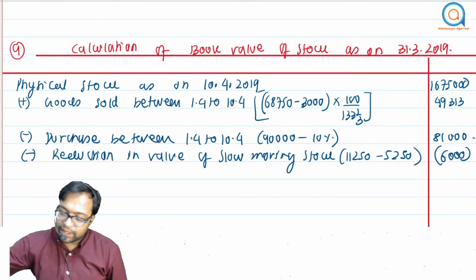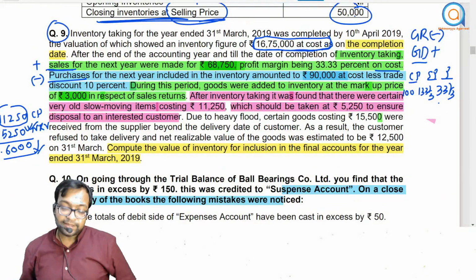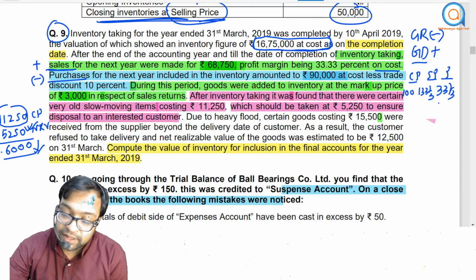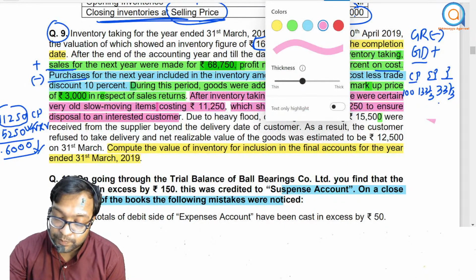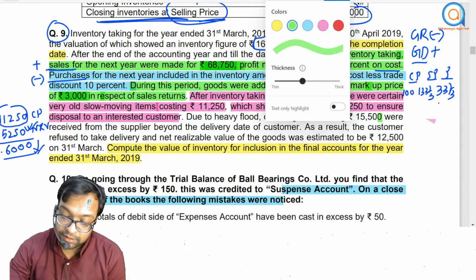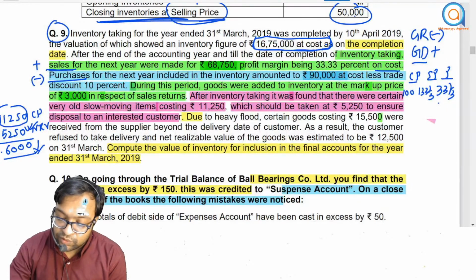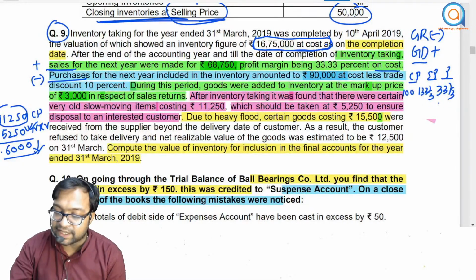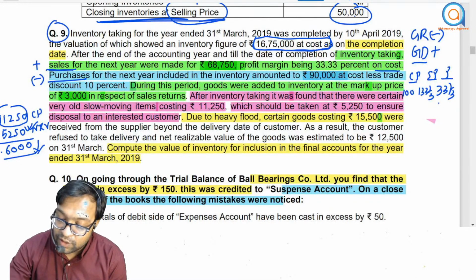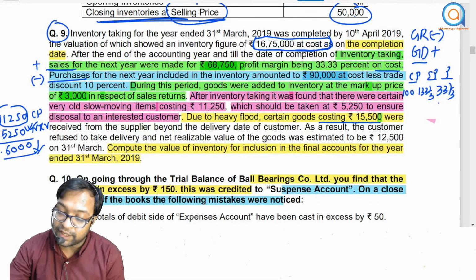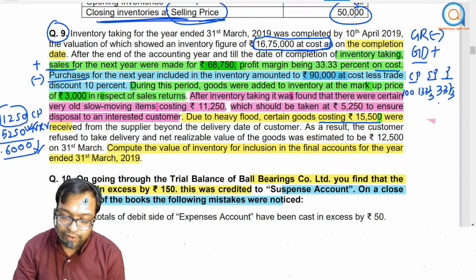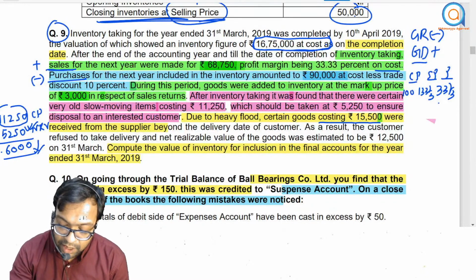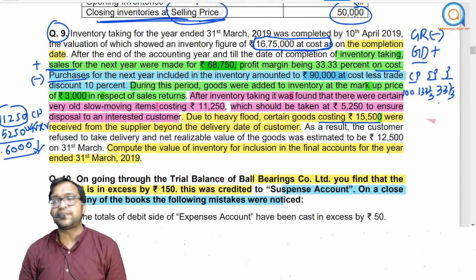Done, sir? Okay. Next. Next point they are saying is, look. Due to heavy flood, certain goods costing 15,500 were received from supplier. We have received the goods, so the goods are with us beyond the delivery date of customer.